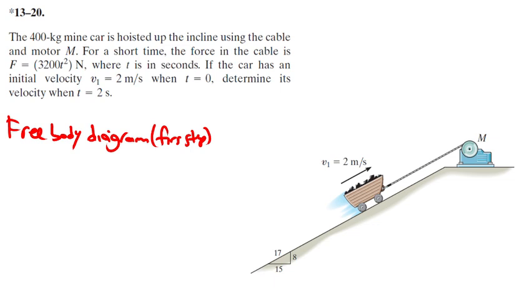So we have a force by the tension of the cable, that's T, and then we have a force, F friction. And then we have a force that acts downwards. And then we have a normal force also acting on the body. So the normal force will be that way.